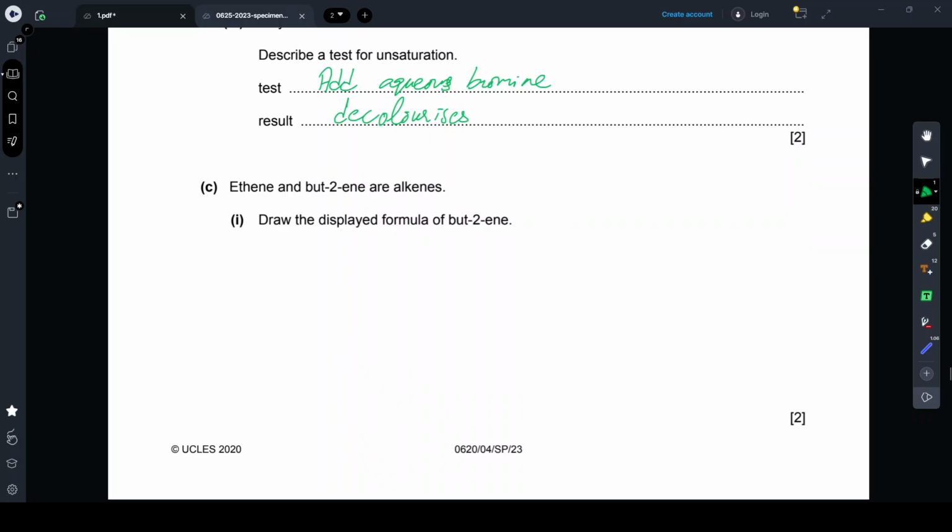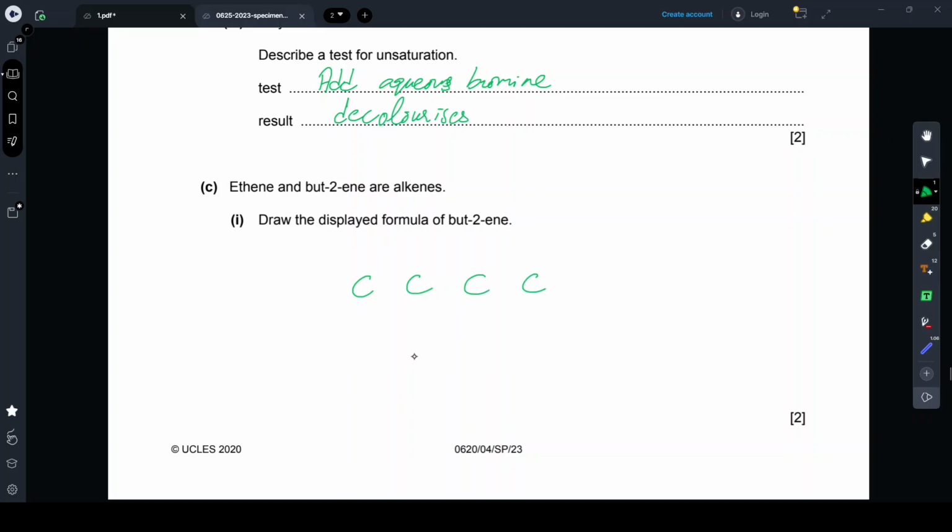Ethene and butene are alkenes. Draw the displayed formula of butene. Can I answer this one? Yes. So how many carbons are we going to have? 4. Now tell me.